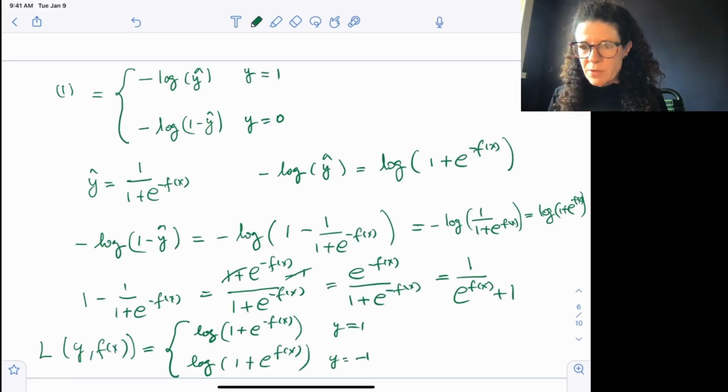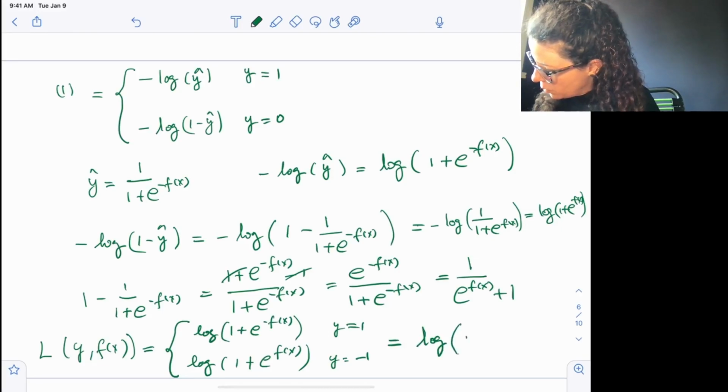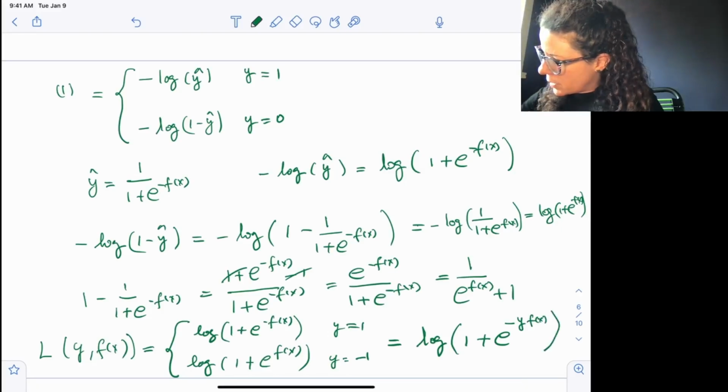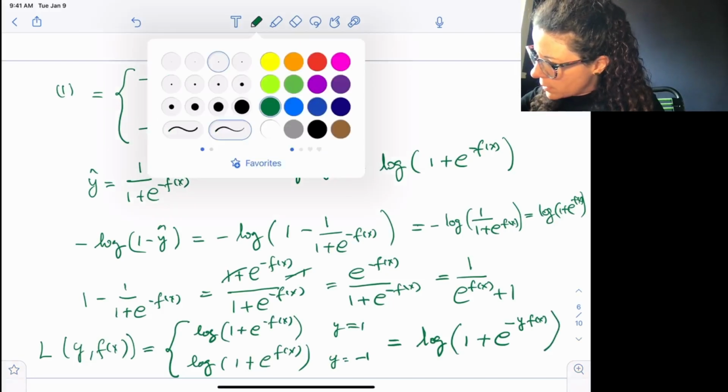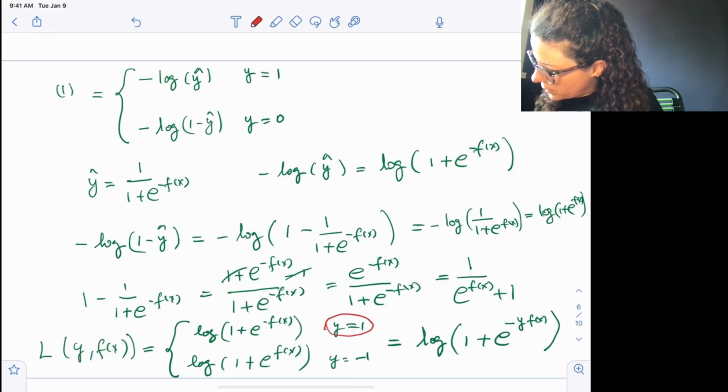But now, since I have changed the encoding of y, I can rewrite this as log of 1 plus e to the minus y f of x. So think about it. If y is equal to 1, I get a minus 1 here.